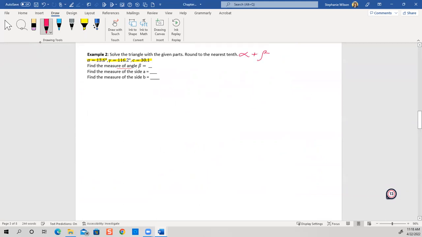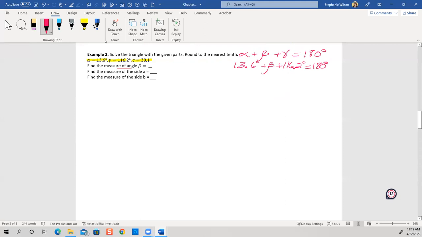So I got alpha plus beta plus gamma is equal to 180 degrees. And I'm going to plug in, I got 13.6 degrees plus beta plus the 116.2 degrees is equal to 180 degrees.